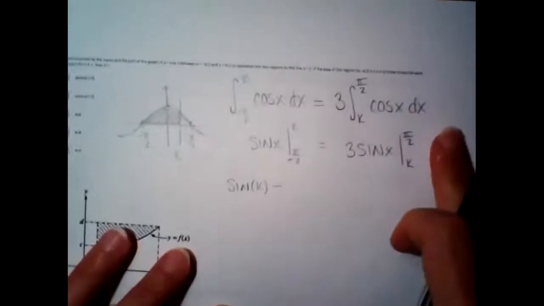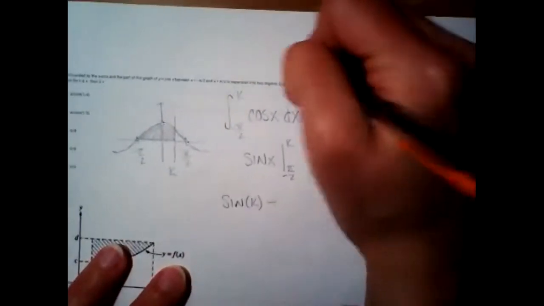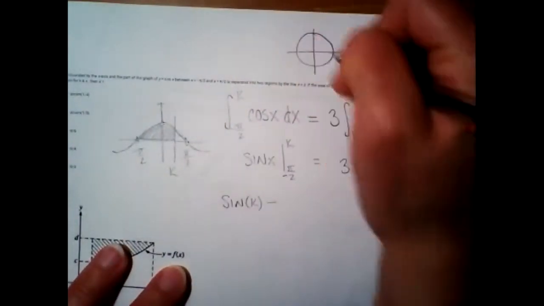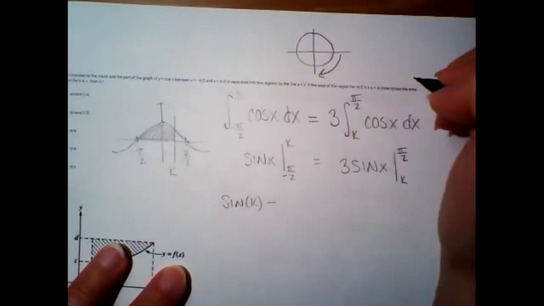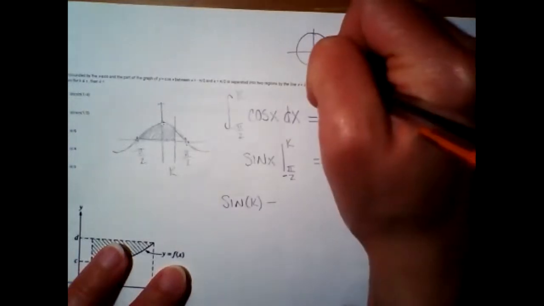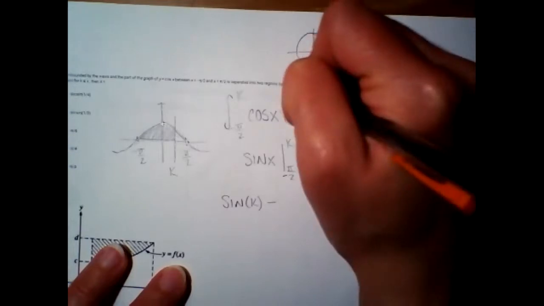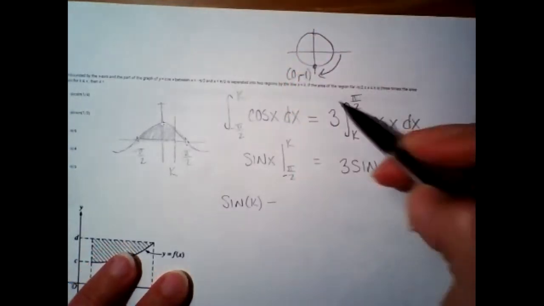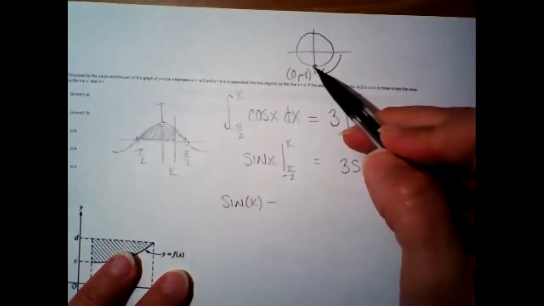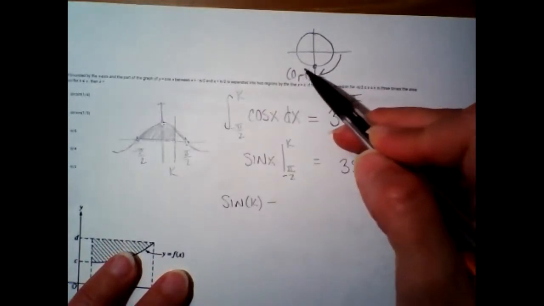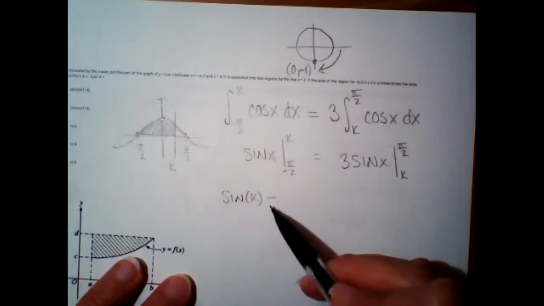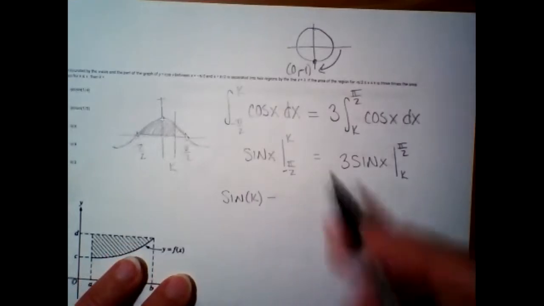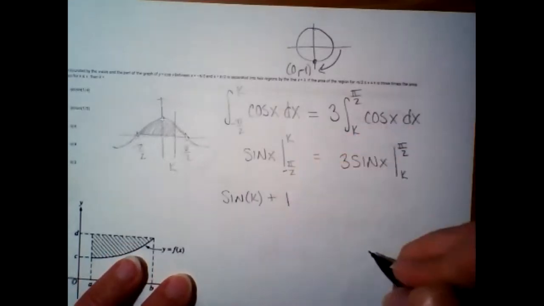All right, let me draw my unit circle. If we rotate backwards pi over 2, that's going to put us right here, and that is the point (0, negative 1). Sine is the y value, so that would be negative 1. So this would be minus negative 1, so that's going to be plus 1.